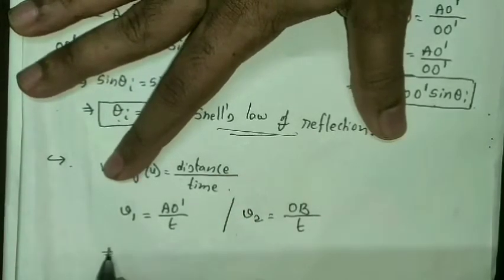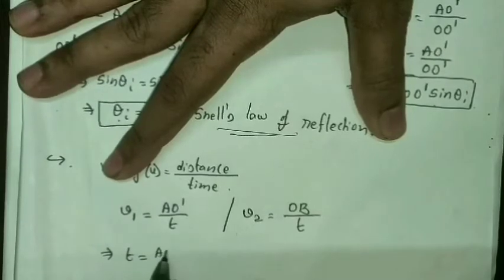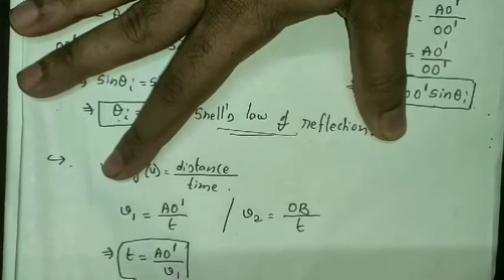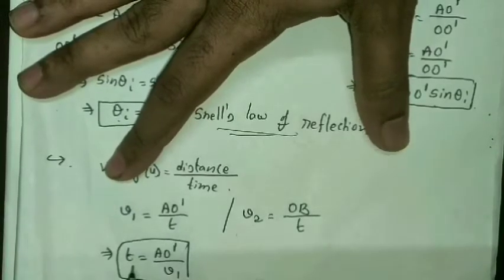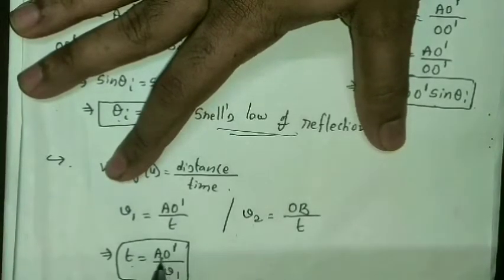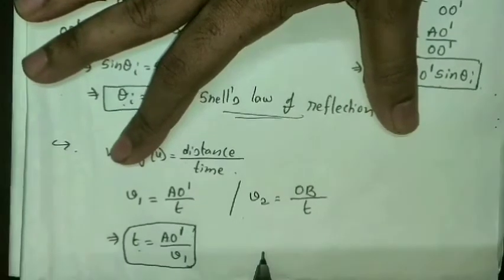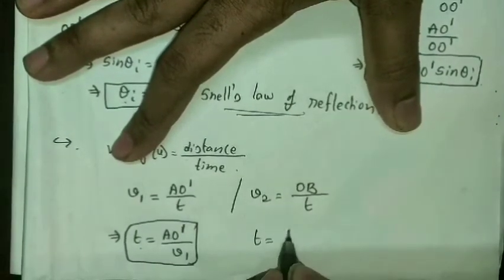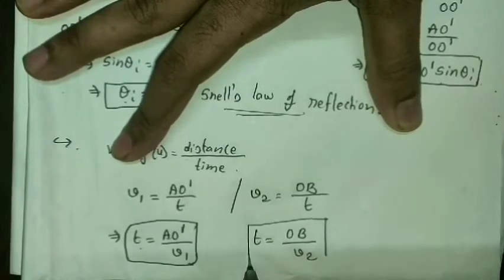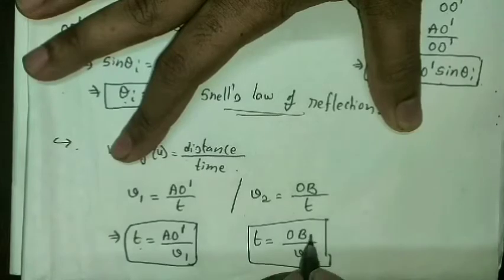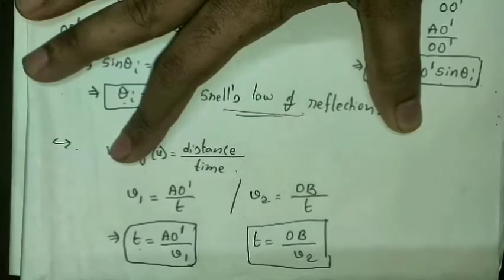From the first equation, the time is AO' divided by velocity V1, the time taken for the incident electromagnetic wave to cover the distance AO'. From the second, t equals OB divided by V2, the time taken to cover distance OB with velocity V2.